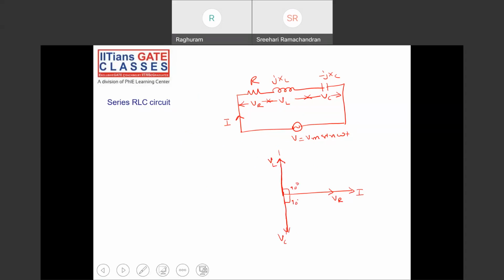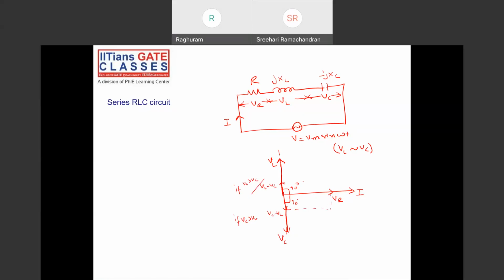The resultant will depend upon VL minus VC. If VL is greater than VC, the difference will be VL minus VC. If VC is greater than VL, this will be VC minus VL.